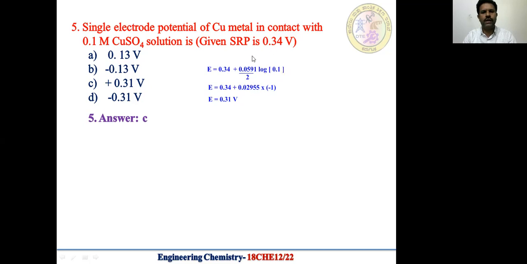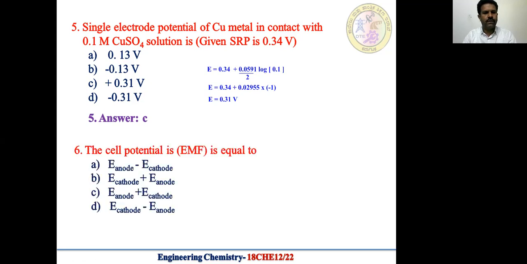So here the given E naught value is 0.34 and the number of electrons will be 2 because it is Cu2 plus, and the given concentration is 0.1. If we substitute these values and after the calculation, we get the answer E is equal to 0.31 volt. Hence the right answer is option C, plus 0.31 volts.